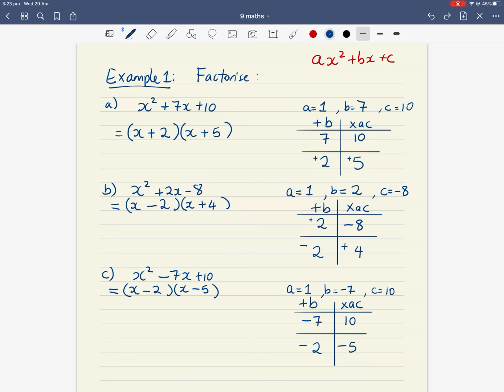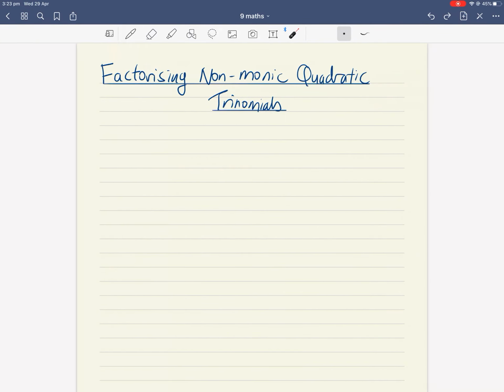So non-monic, as we said, was where the a value... yesterday we said that any trinomial is of the form ax squared plus bx plus c. So a was the coefficient in front of the x squared, b was the coefficient in front of the x, and c is the lonely number by itself. So non-monic is when the a is not equal to 1.